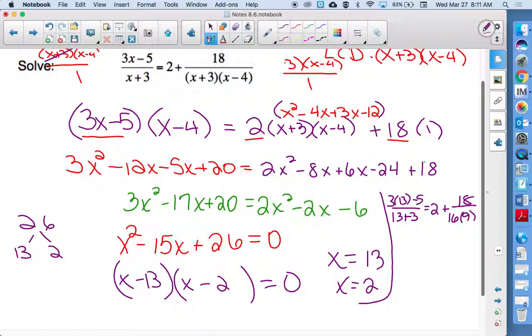So 3 times 13 minus 5 over 13 plus 3. And then plugging in the 13 on the other side. 13 and 3 give us 16. 13 minus 4 is 9. And then you're taking 16 times 9.